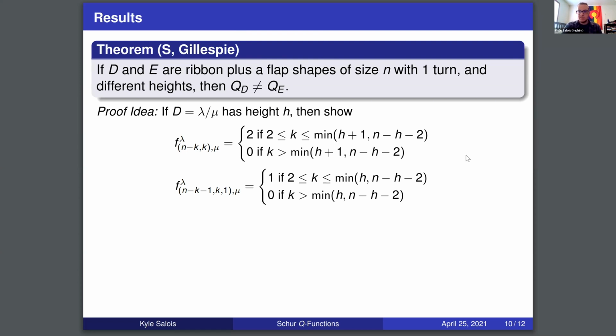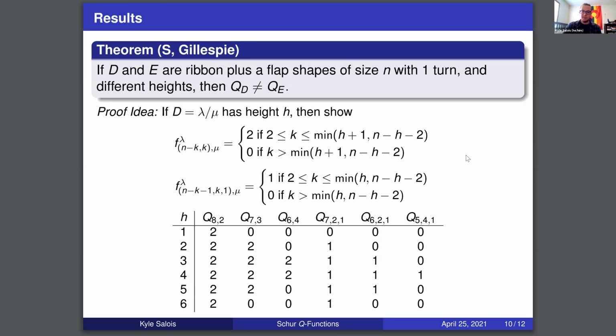And so we can prove something about these coefficients to draw this coefficient table. So here I'm looking at all of the size 10 ribbon plus flap shapes with 1 turn. H represents the height of that final column, and the rows to the left tell you the coefficient of that basis element in that expansion.